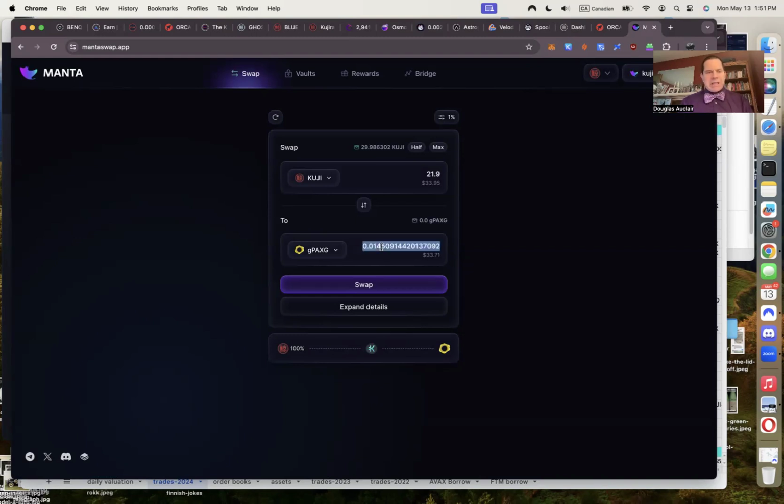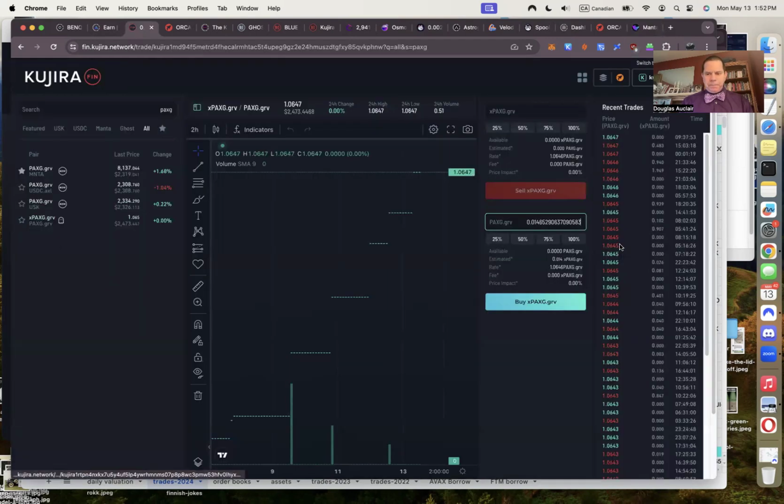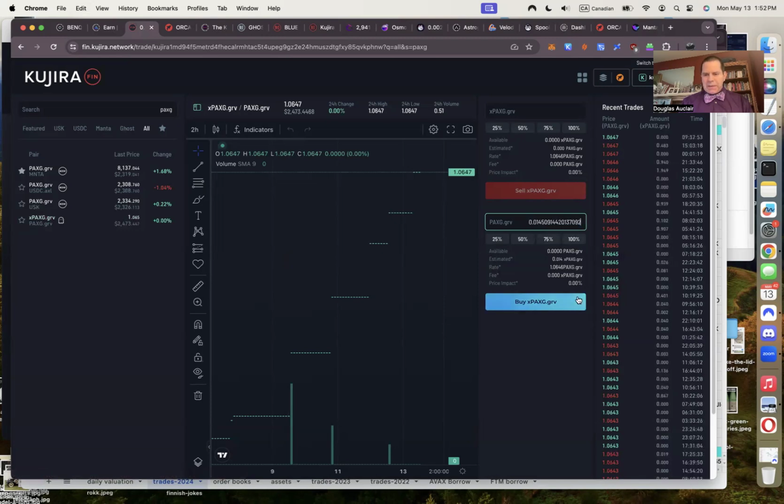Well, how much is that in gold lent to Ghost? If we put this number in, we see that it's 0.014. So I've gained 3/1000ths of gold.